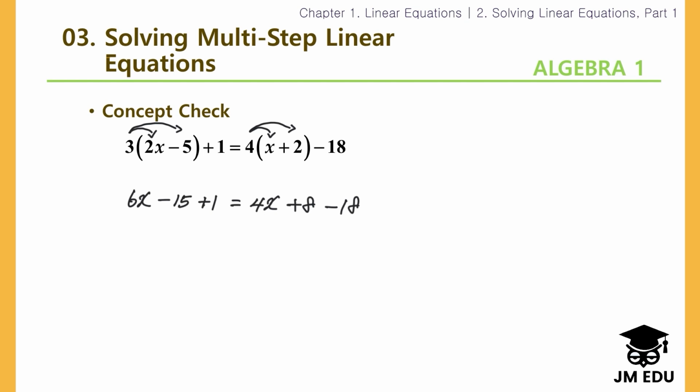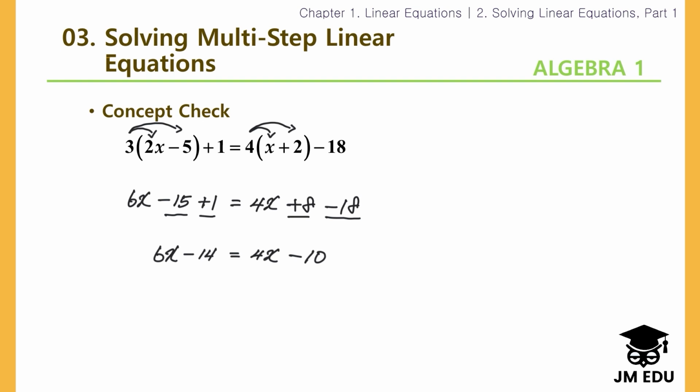So on the left-hand side, we have 2 constants. On the right-hand side, we again have 2 constants, right? So we have 6x minus 15 plus 1, that's minus 14, is equal to 4x plus 8 minus 18, that's minus 10, right?